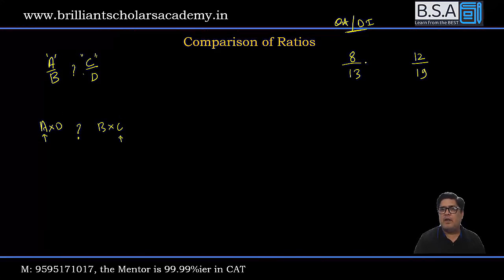Observe. I'll keep 8 here and I'll multiply 19. That is 20 minus 1. So 20 into 8, 160. 160 minus 8, 152. I will cross multiply this and this. So 12 into 13, 156. Now I notice right hand side number is more.